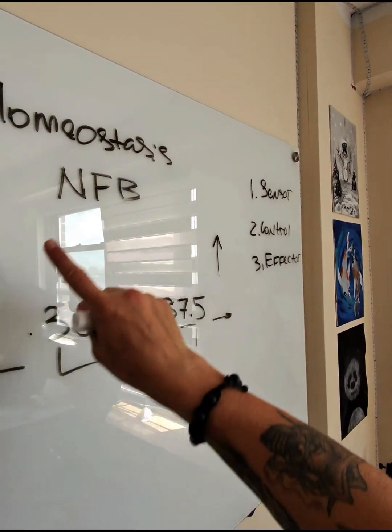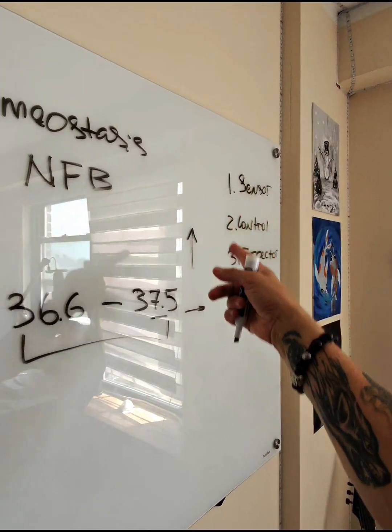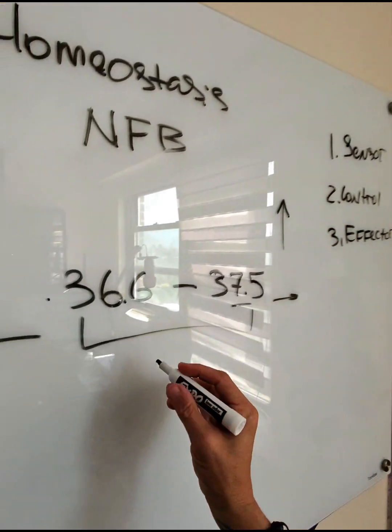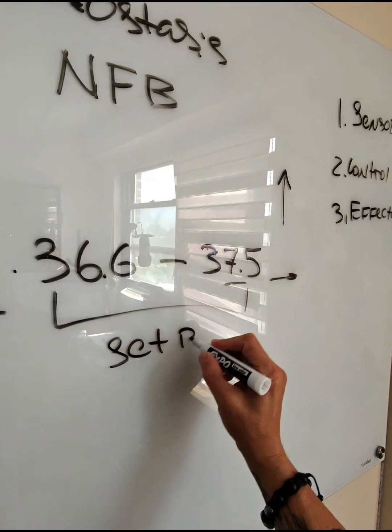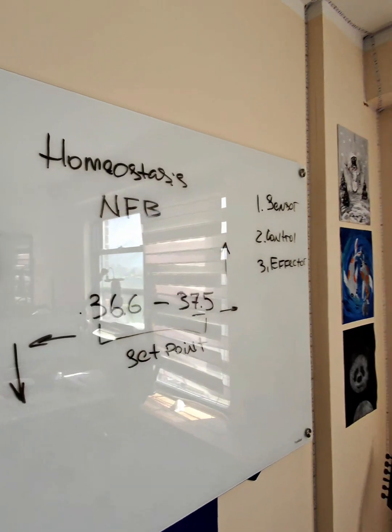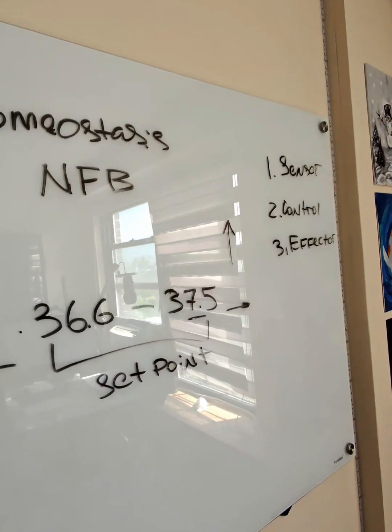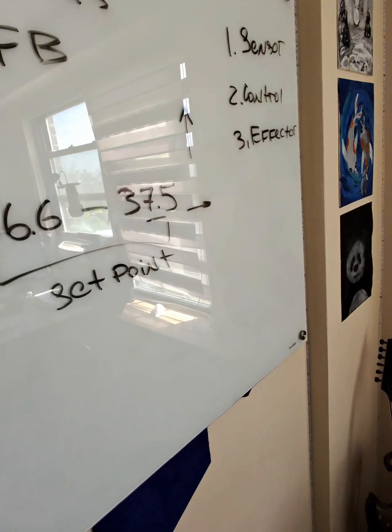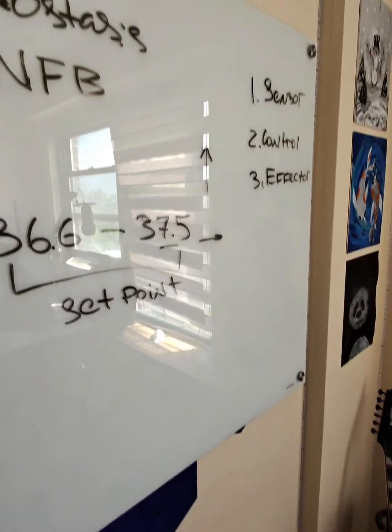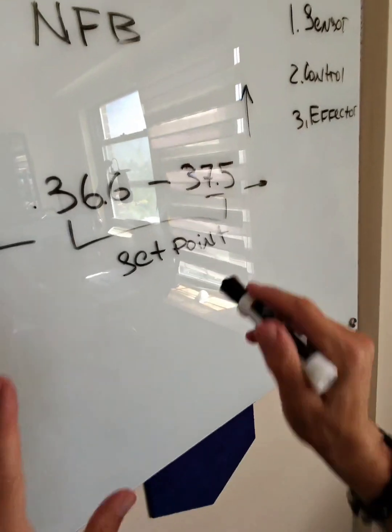They look for any upward or downward shift within this range, the set point. The control, or control center, is the organ or organ system that maintains this range. For temperature, it could be the brain and some other organs, but let's think of the brain for now.